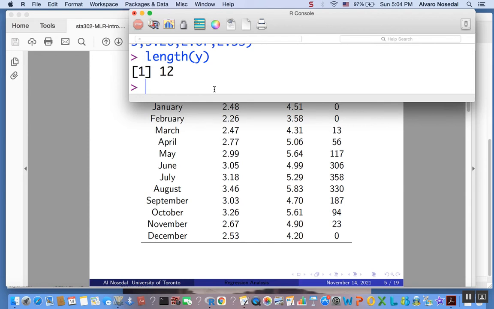Now, let me use x1 for the first of our predictors for production, right? Okay.